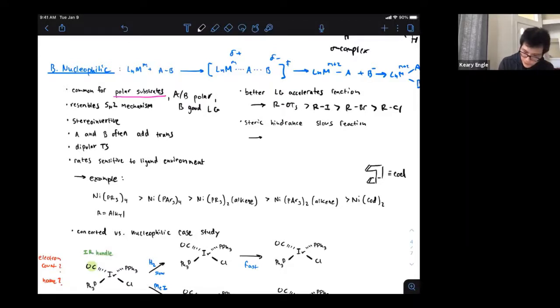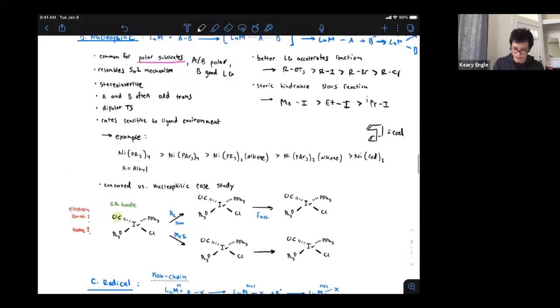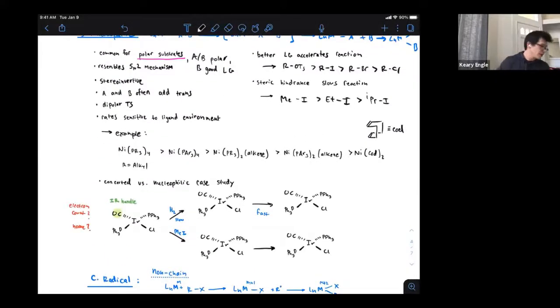And then also in direct analogy to SN2 chemistry, more hindered carbogenic fragments are less reactive or slower to react. I'll leave this in case anybody is jotting down notes.